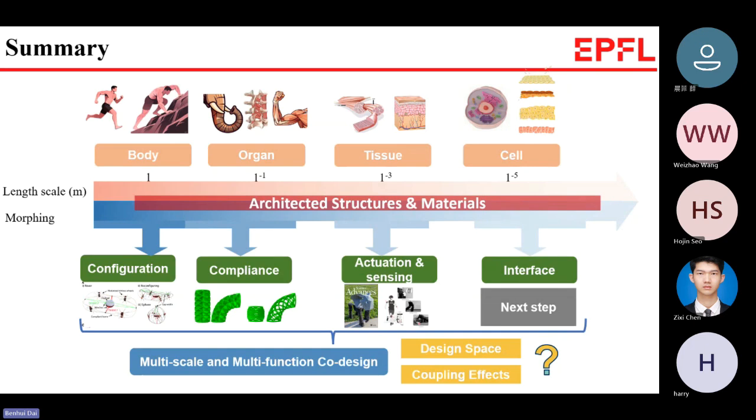And the more challenging question is how we handle the integration of all levels and realize the co-design of different functions. With this large design space and complex multiple physical field coupling effect, maybe machine learning will be the future of more advanced design.